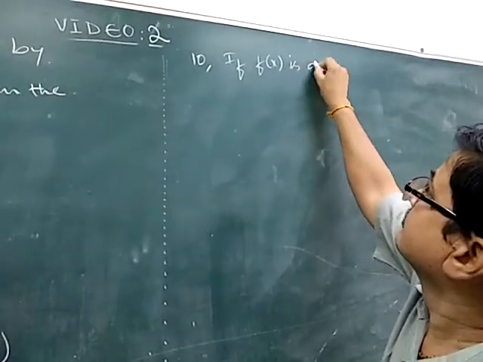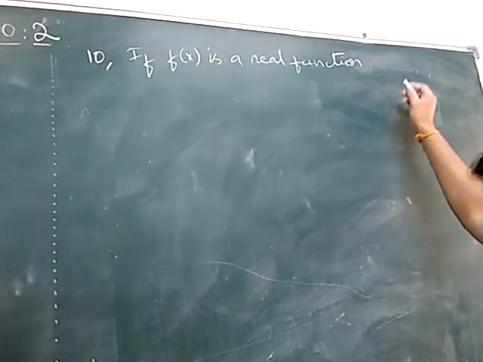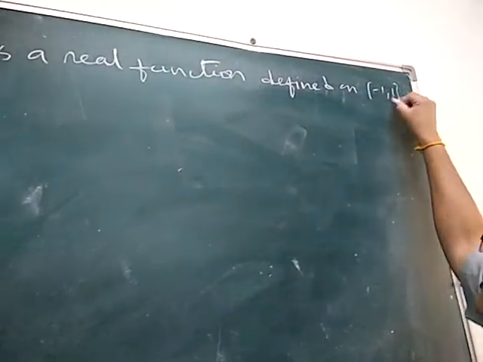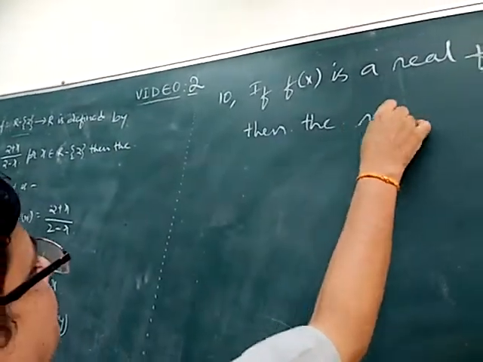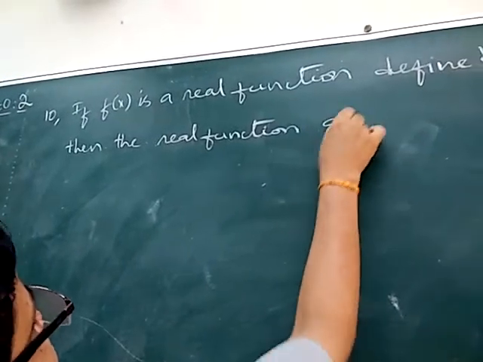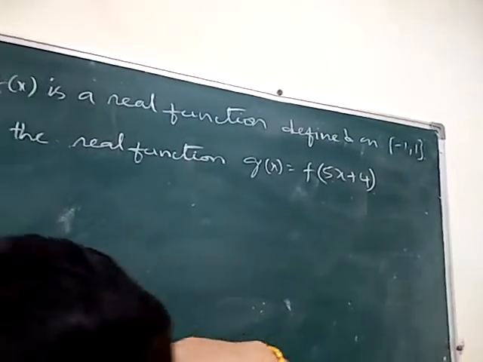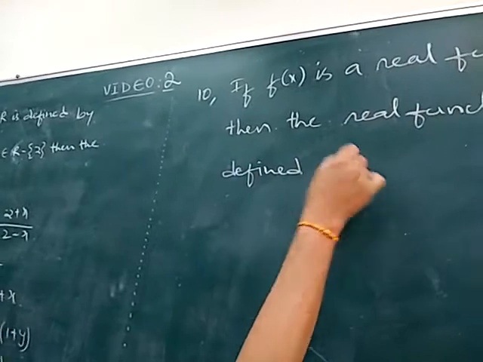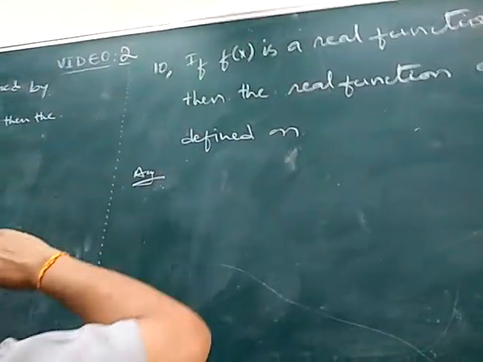A real function f of x is defined on minus 1 comma plus 1.